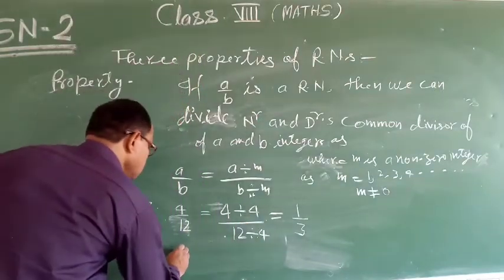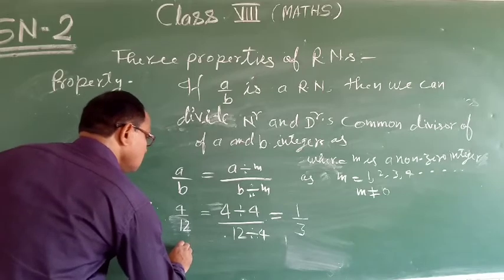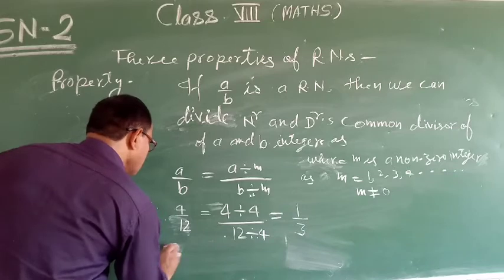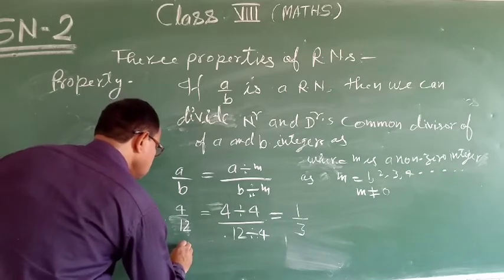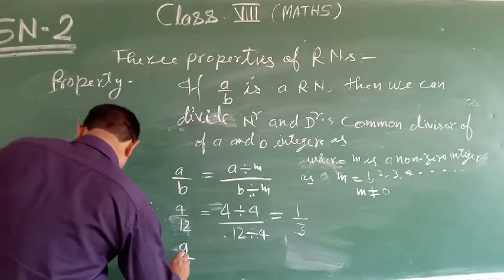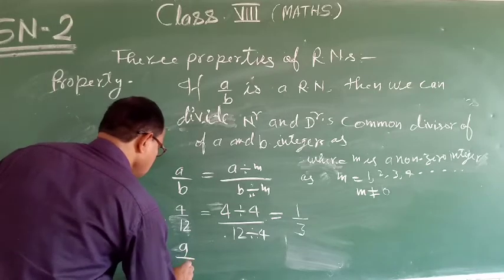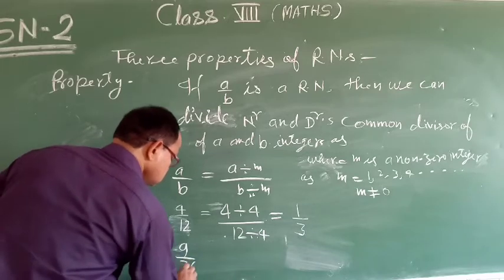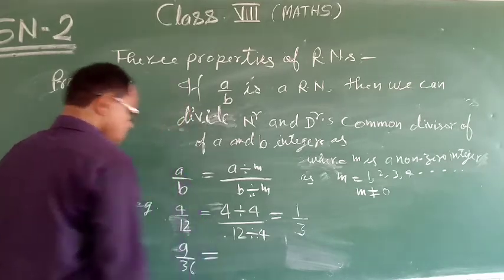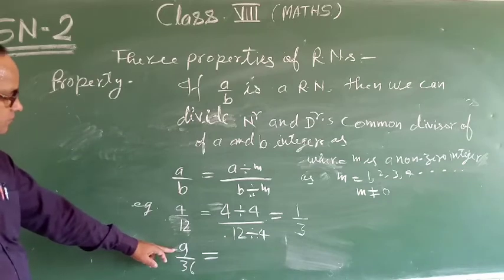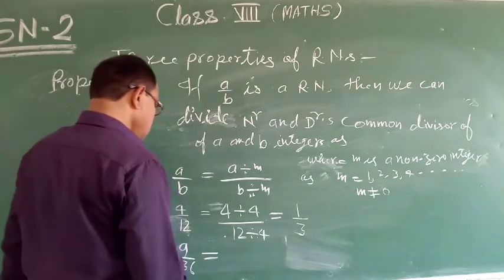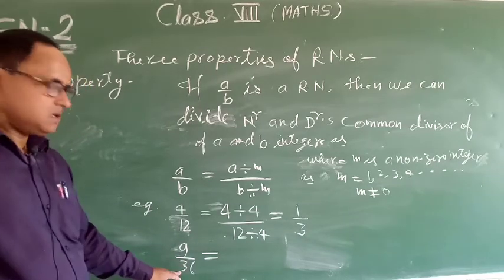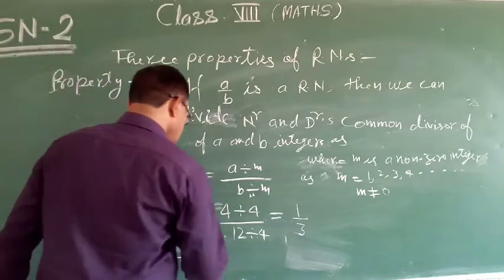And we also show here 9 by 36. Here the common divisor of numerator and denominator is found to be 9.